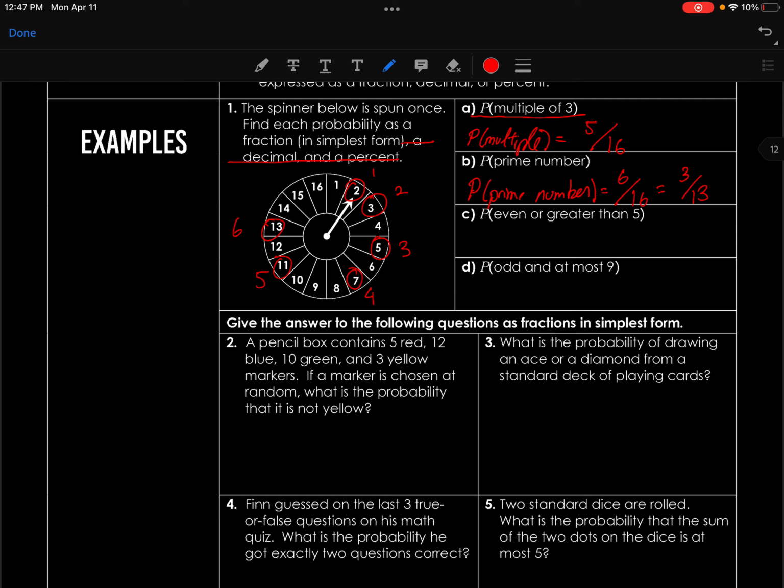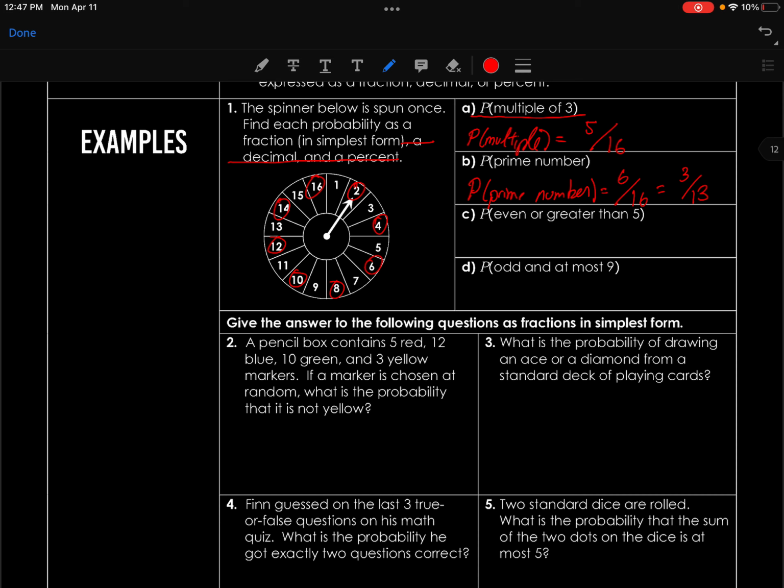Now, probability of even or greater than 5. This one's a little bit interesting because now there are 2 conditions. Even or greater than 5. Well, even numbers are 2, 4, 6, 8, 10, 12, 14, 16. And we're looking at even numbers and the probability of something greater than 5.